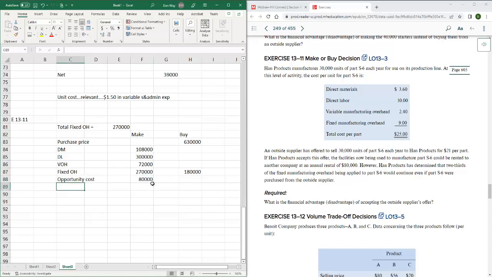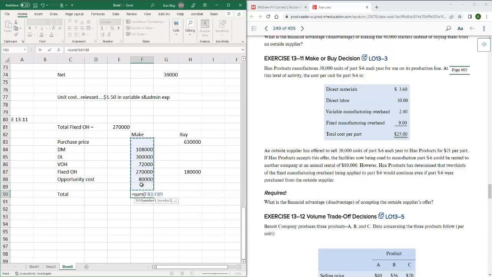Now you could show it as a reduction on the buy side. You get the same answer either way, but really an opportunity cost should be shown as a cost to where that opportunity is given up or sacrificed. So let's see what the total cost is here in both cases. I'm just going to sum the columns.